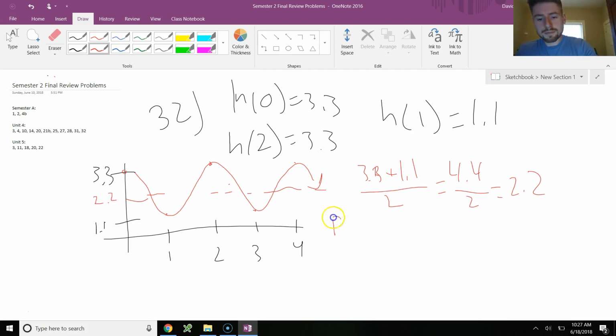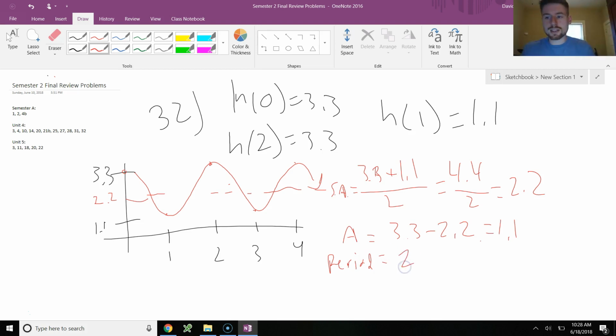Let's do amplitude next. Amplitude is another easy one to get. Amplitude is equal to 3.3 minus 2.2, the difference from the top to the middle, or from the middle to the bottom, and that's equal to 1.1. The period is the time it takes to repeat.